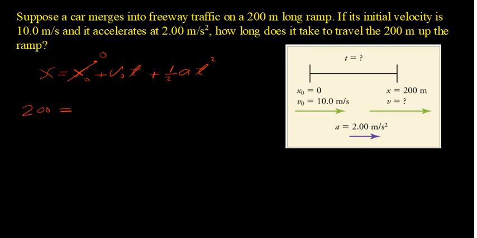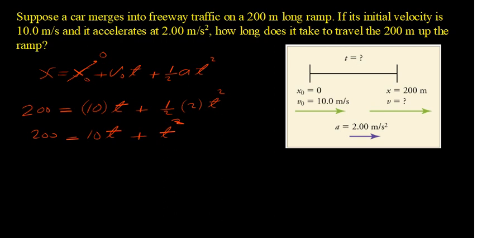I know my initial velocity is 10, t plus half of 2, t squared. When I look at this equation, it's 200 equals 10t plus t squared.